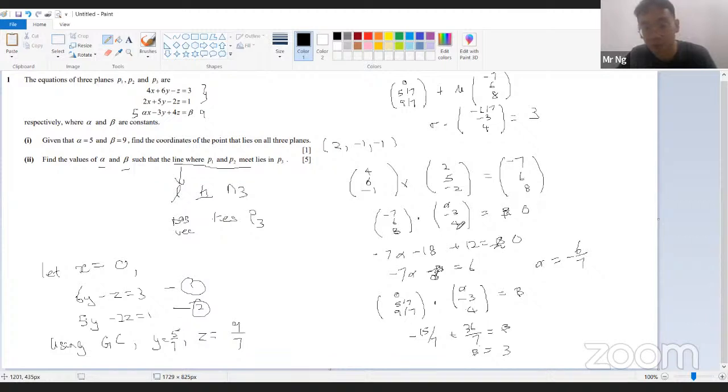So over here, 32 minus 18 is 14. Okay, so bring the 14 over, minus 14. So alpha should be 2 instead. Lucky, here 0 times alpha. So alpha is 2.